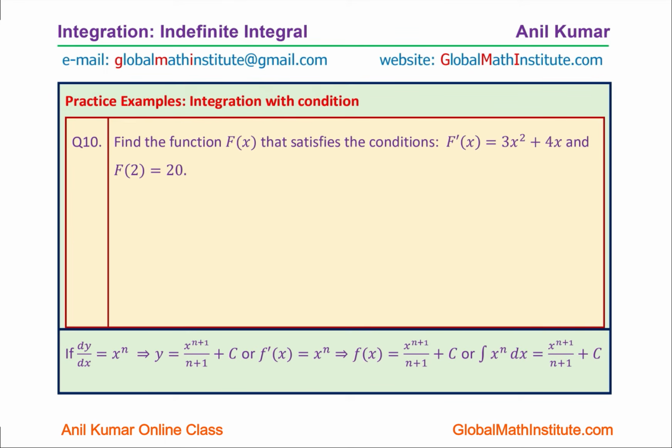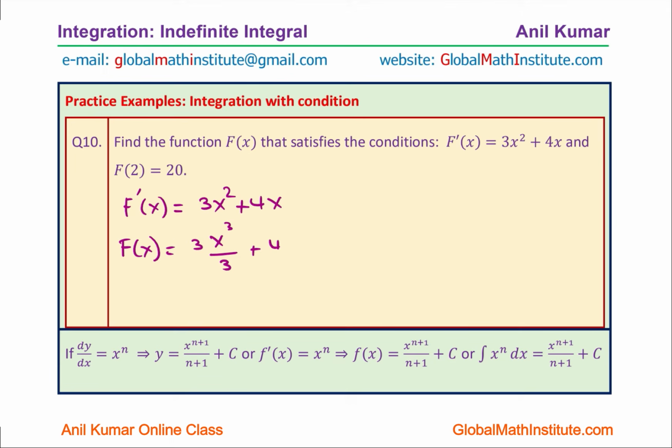Okay, so we are given here that the derivative, that means d dx of a function, is equal to 3x squared plus 4x. So in that case, what is the integral? What is the original function? We have 3 here, x to the power of 3 divided by 3, correct?